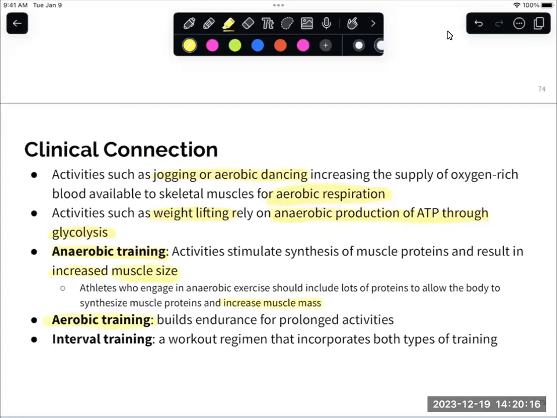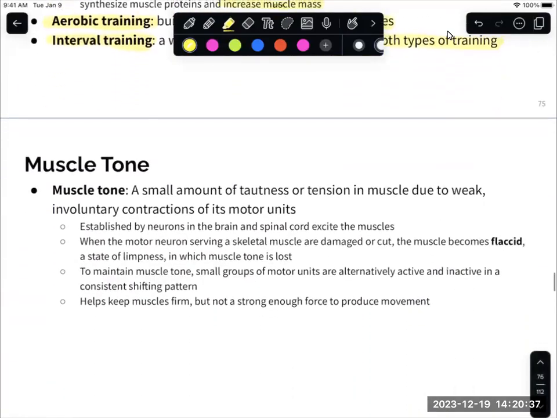Aerobic training works to build endurance, so you can do activities for longer periods of time. There are different training methods out there that use a combination of aerobic and anaerobic, using both types of training to build strength and endurance at the same time.